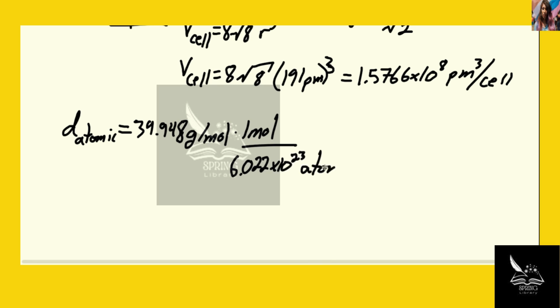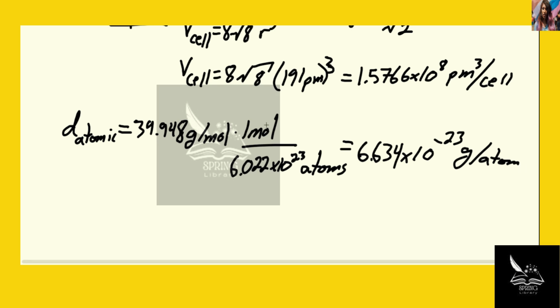And that gets us a very small number for our density, which is 6.634 times 10 to the negative 23 grams per atom.